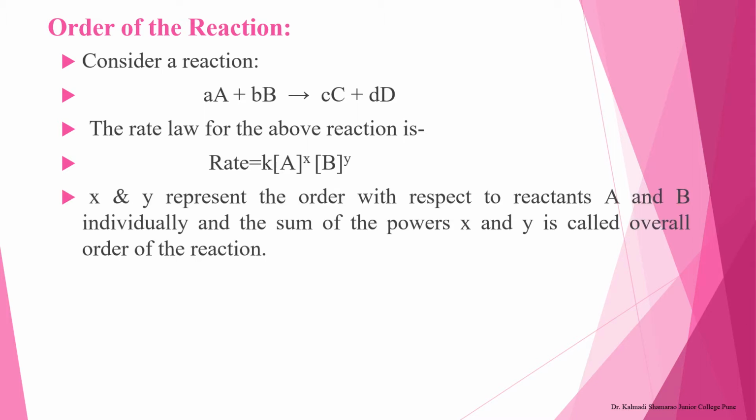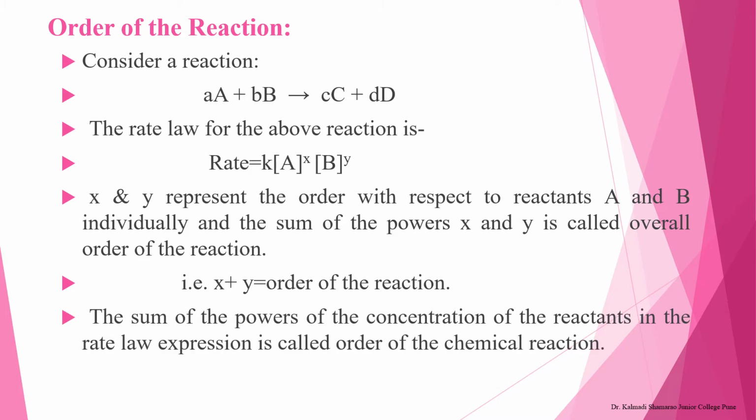Here x and y represent the order with respect to the reactants A and B individually, and the sum of the powers x and y is called overall order of the reaction. In short, we can say x plus y equals order of the reaction.